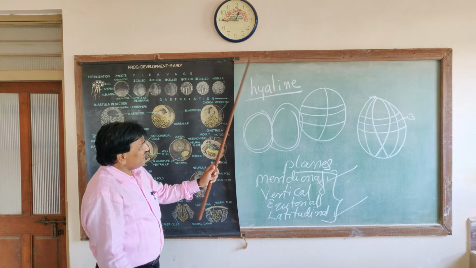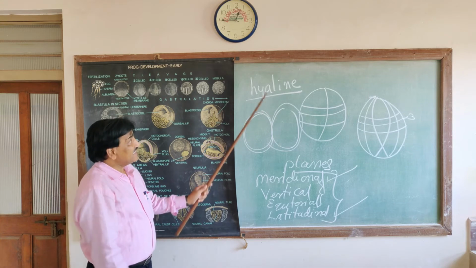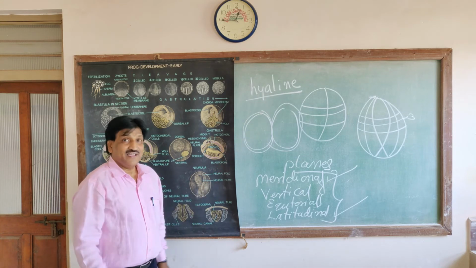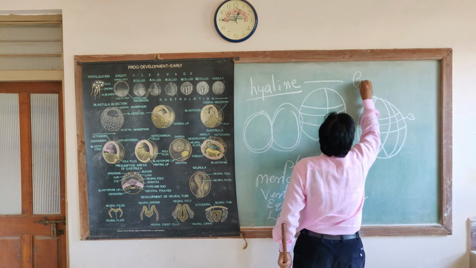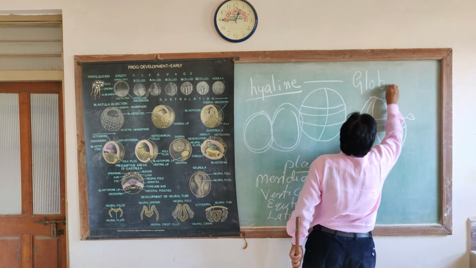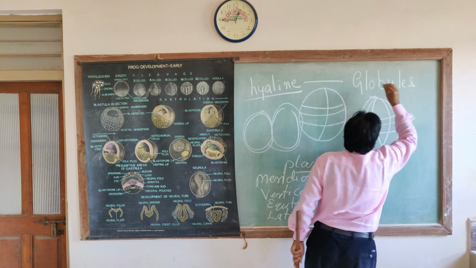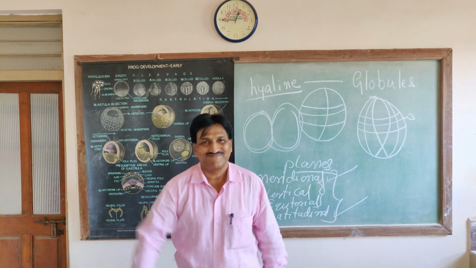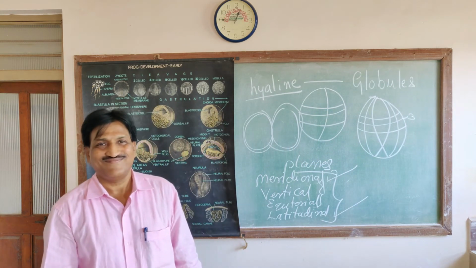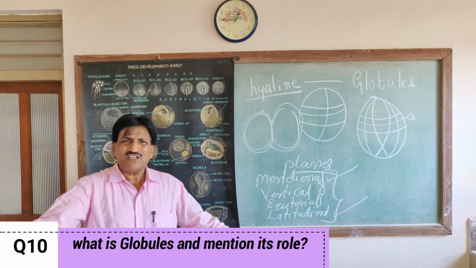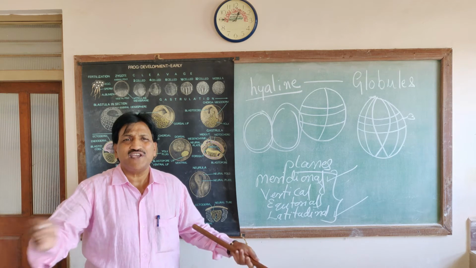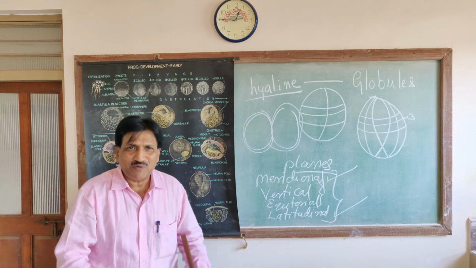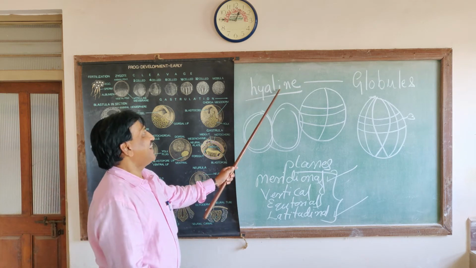So what is the hyaline layer? This hyaline layer is derived from what is called the globulus. The globulus secretes a kind of surface layer over the plasma membrane, called the hyaline layer.